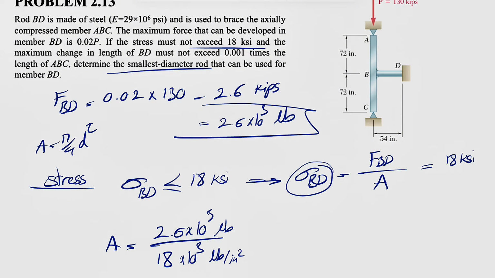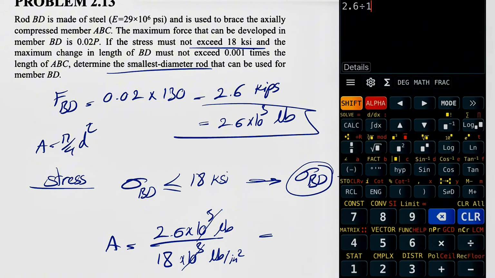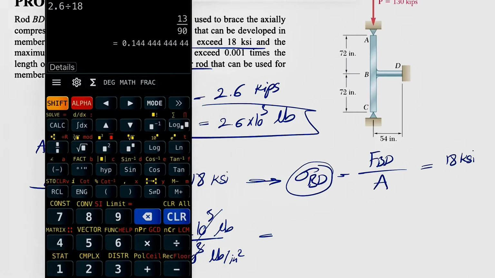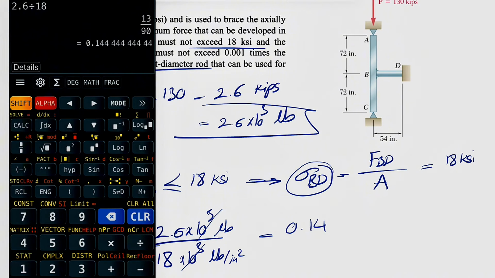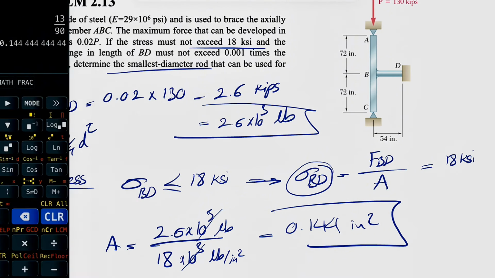This is going to give us the area, which will be equal to pi divided by 4 times d squared, but let's just find the area for now. We'll find the diameter later. So basically we have 2.6 divided by 18, that's going to give us 0.144 repeating. So this will be inches squared.